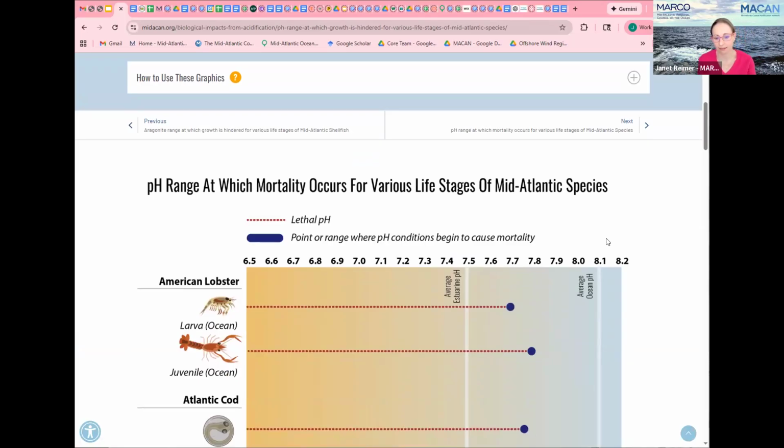mostly mid-Atlantic species. Some of these species are found in the Northeast and do have a southern extent as well. But one of the things we're interested in is at what pH range does mortality occur? And not just for adult species, but we're interested in larval, juvenile, adult, any species state or any life stage.